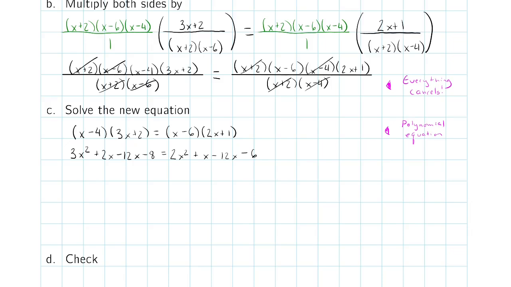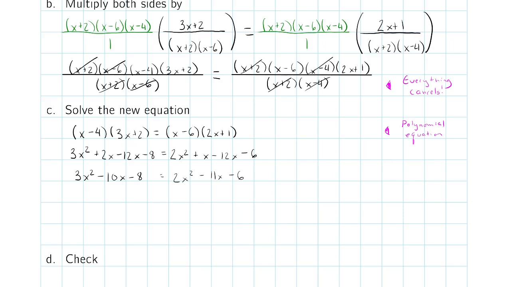Combine like terms on both sides. 3x squared minus 10x minus 8 equals 2x squared minus 11x minus 6.